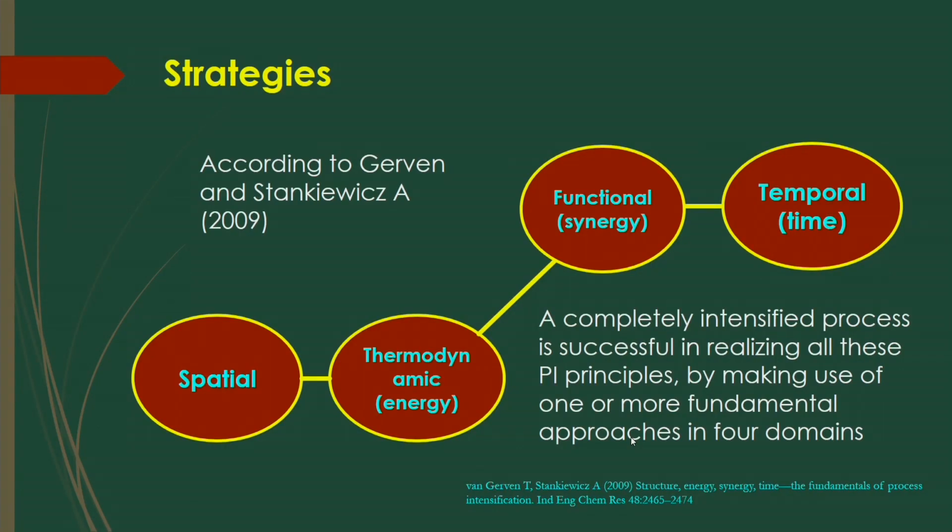Temporal, like you have to use less time for your production, because if you are consuming higher time, you may consume more energy, and more capital cost would be required.